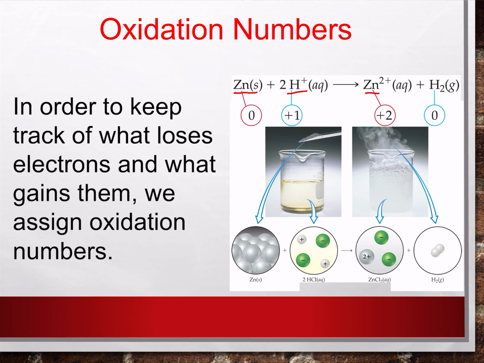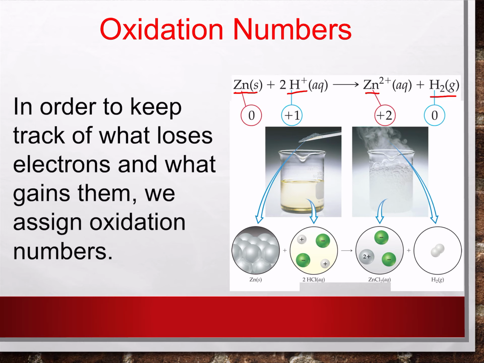It has a 2+ charge, so its oxidation number is +2. Just as a reminder, whenever we write charges, we write the number first and then the sign. Whenever we write oxidation states, we write the sign first and then the number. It's not super important right now, but if you go into higher levels of chemistry, they may be picky about it. And then over here, this hydrogen is a diatomic element, and it's neutral, right? It doesn't have a charge, so its oxidation state is 0.